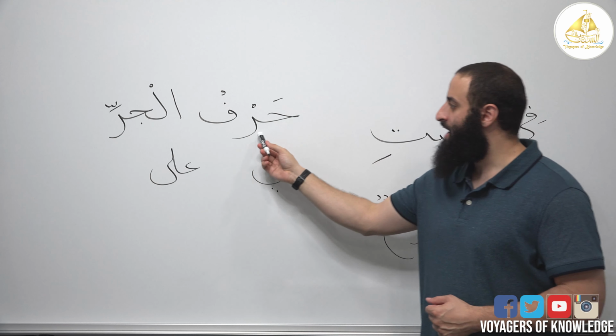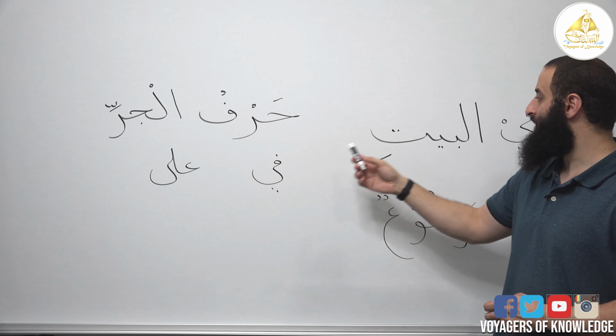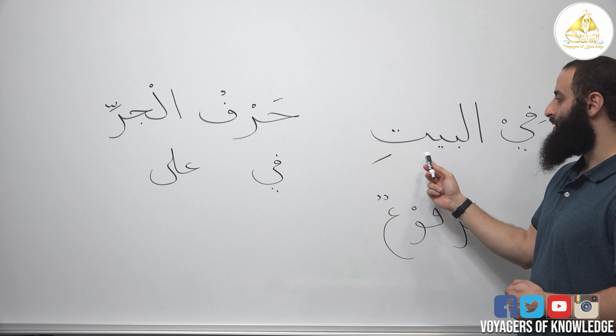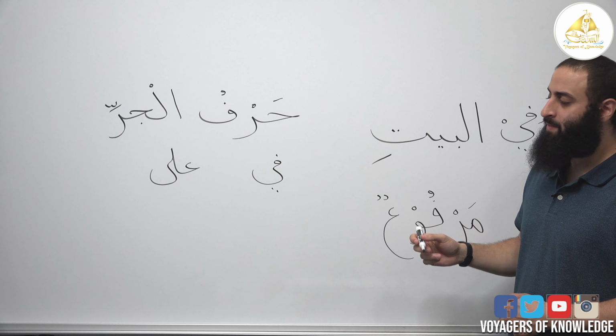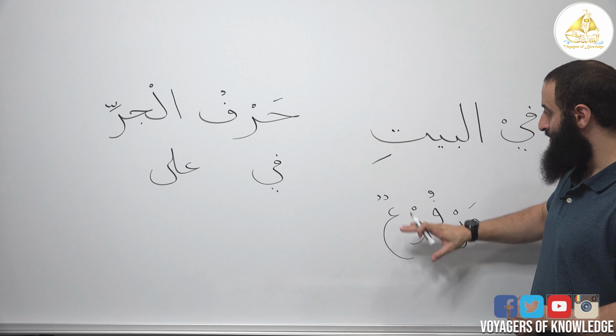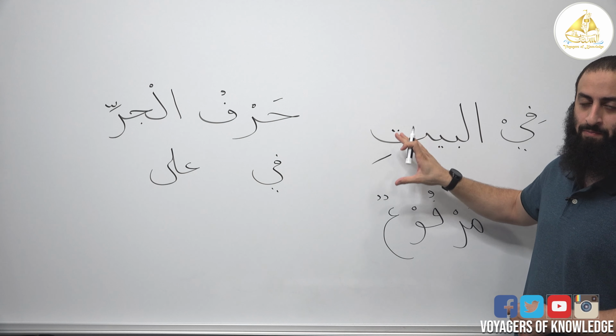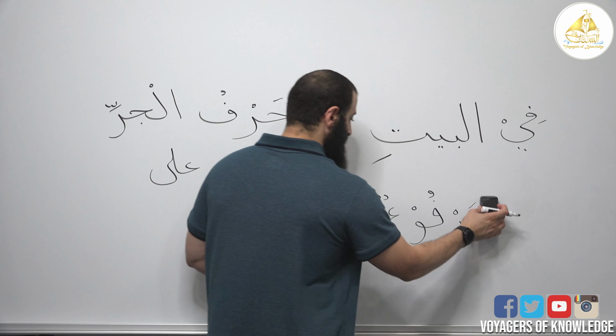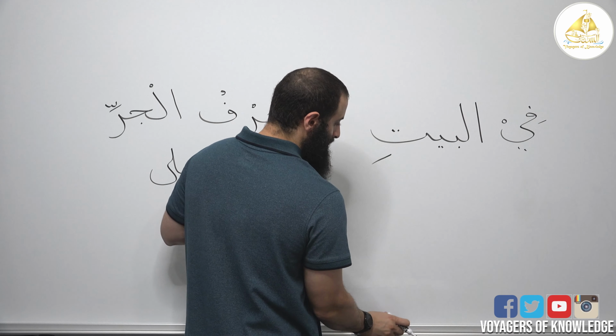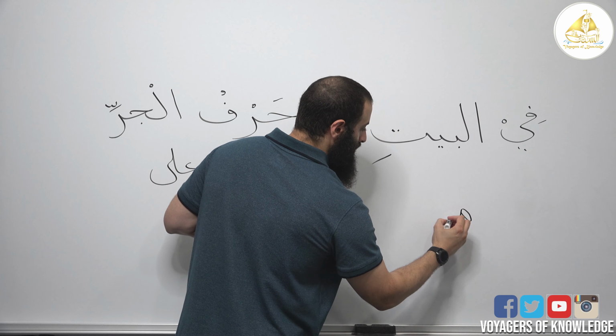If a harf jar comes in front of a noun, it will make it end with a kasra. Is that going to be called the marfoo' state now? No, it is not going to be called the marfoo' state. It will be called majroor.